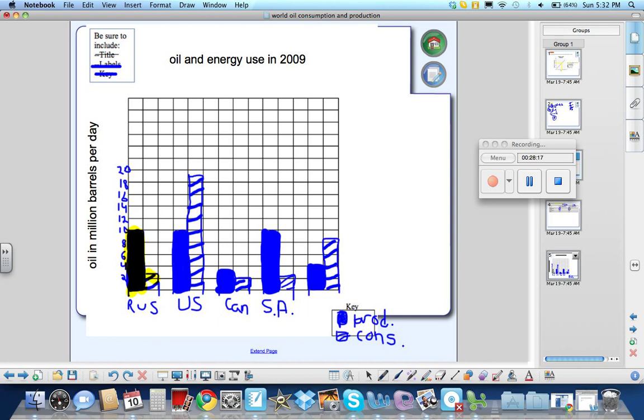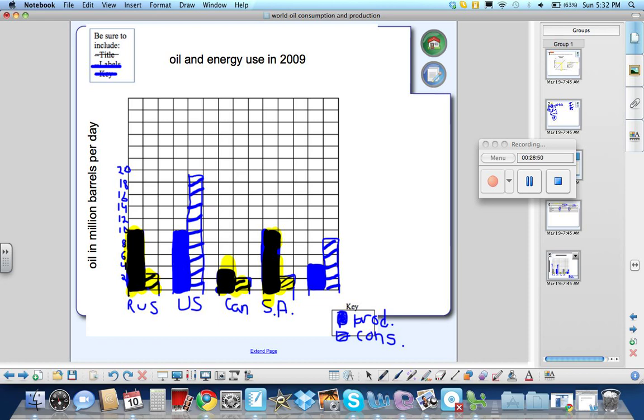What other countries can you think of? Looking at our data, we would also see that the production of it, that means they make more oil than they actually use. Russia is one. What are the other ones? You should have looked at the graph and saw that Canada also makes more than it uses, and so does Saudi Arabia. Good job.